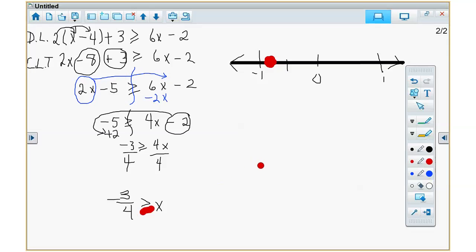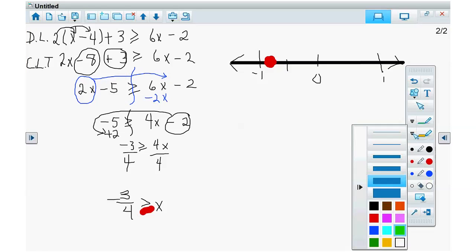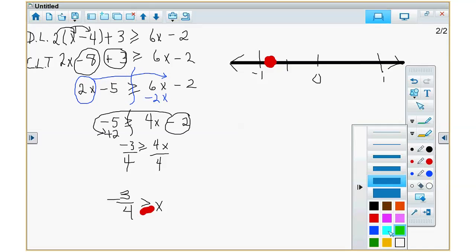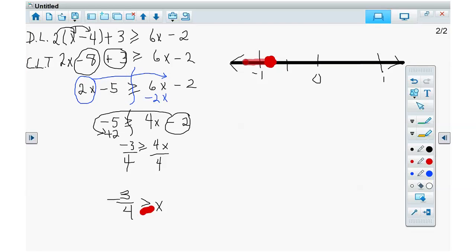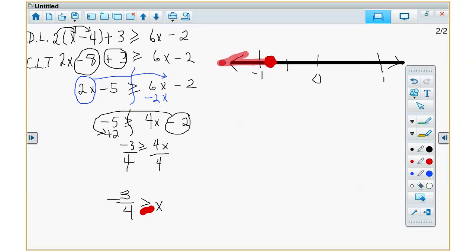Because remember, negative, the further you are away, the smaller you are. So which way is x less than? Left. So you take your handy dandy red marker, highlighter, and you shade this way.